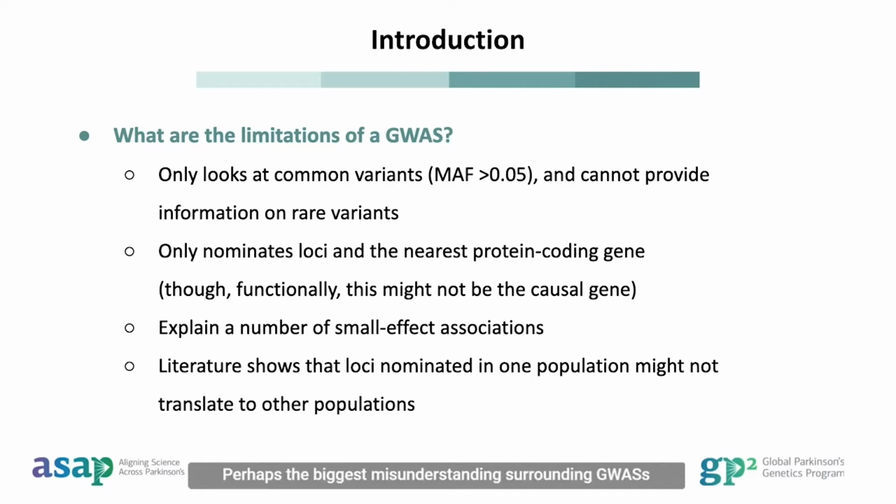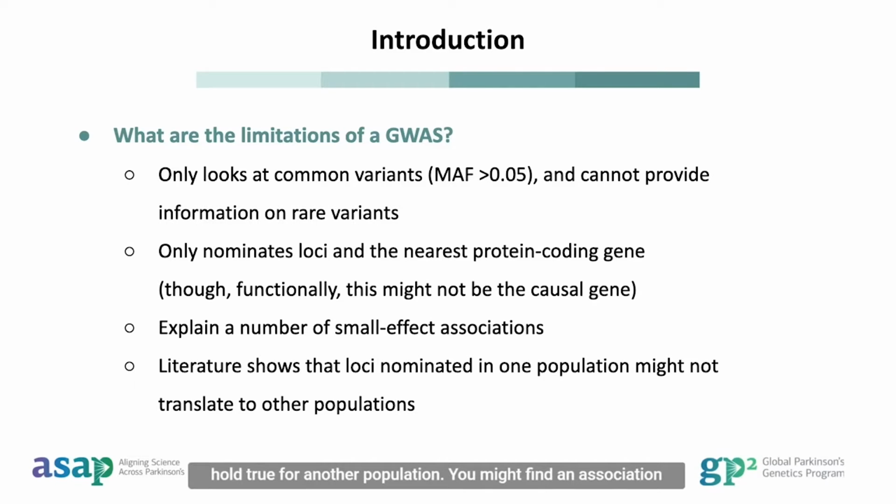Perhaps the biggest misunderstanding surrounding GWASs is that the loci found to be associated are in the nearest protein coding gene. However, many studies have proven that the nearest protein coding gene to a GWAS nominated loci is sometimes not the causal gene. Additionally, genetic risk factors associated with an increase in one population might not necessarily hold true for another population.